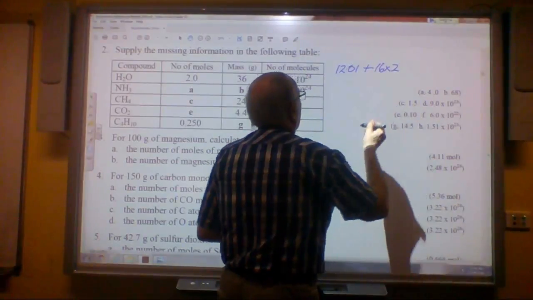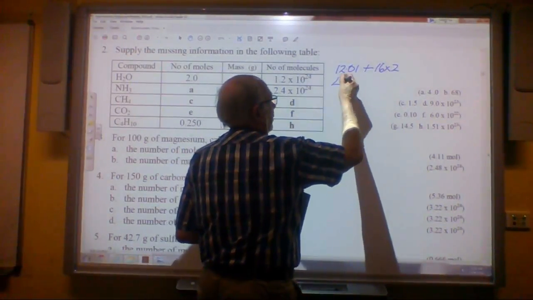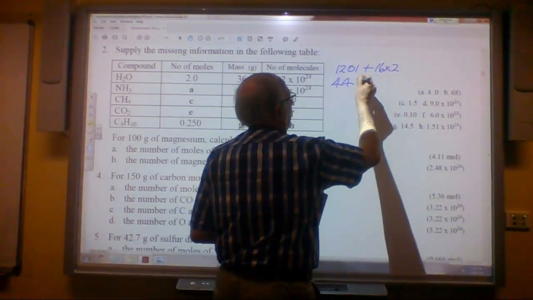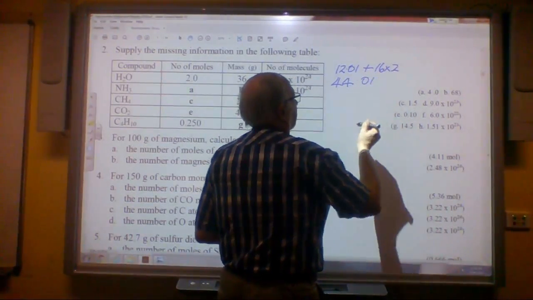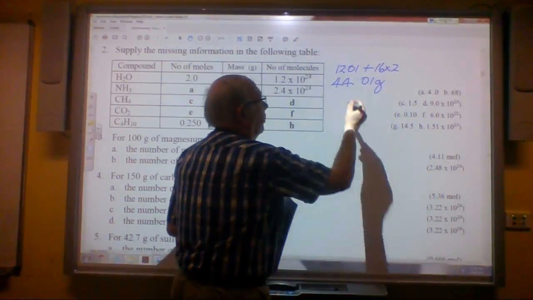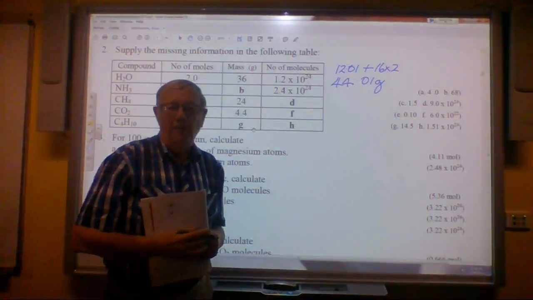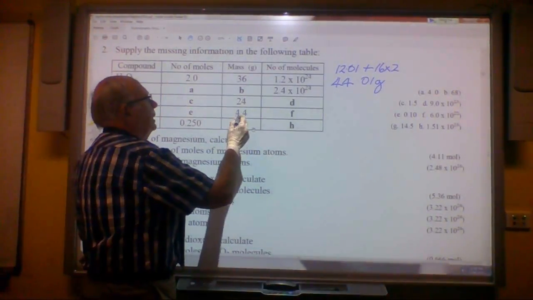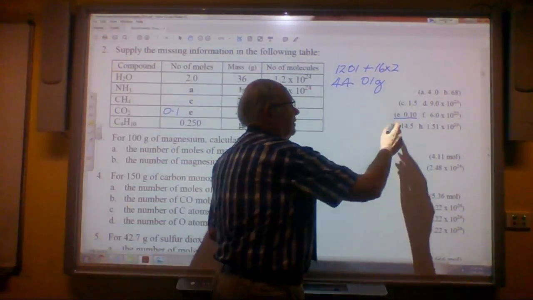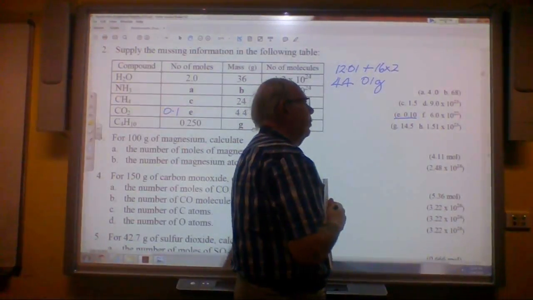So when we work that out, we get a figure of 44.01 grams. We then divide that figure of 44.01 into this figure. So that gives us a figure of 0.1.